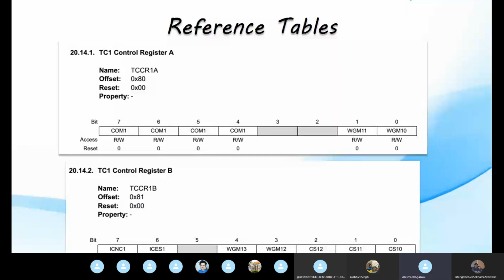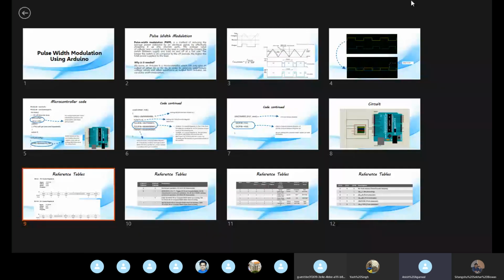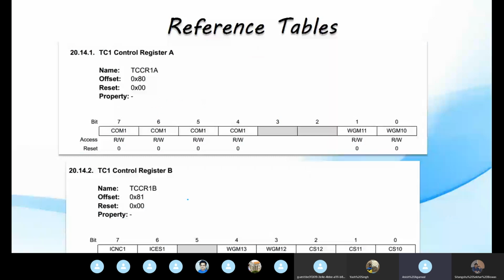As you can see here, the value in the TCCR1A register, you see COM1A1, COM1A0, COM1B1, COM1B0, all the bits 7, 6, 5, 4 are basically for setting the compare output mode. Move to the table.